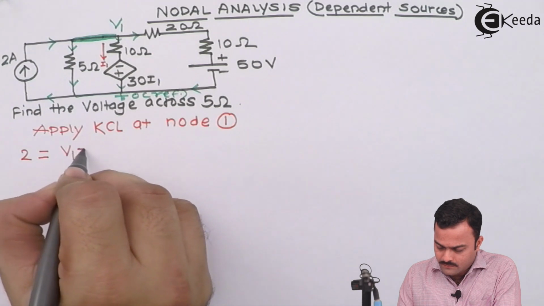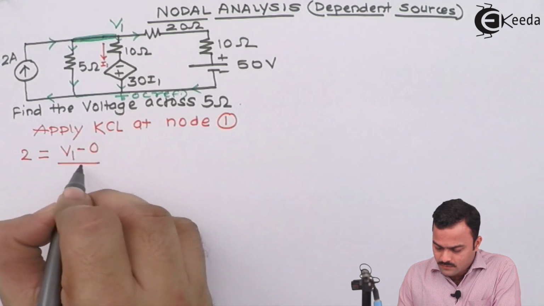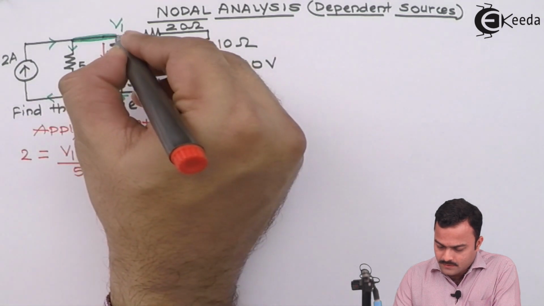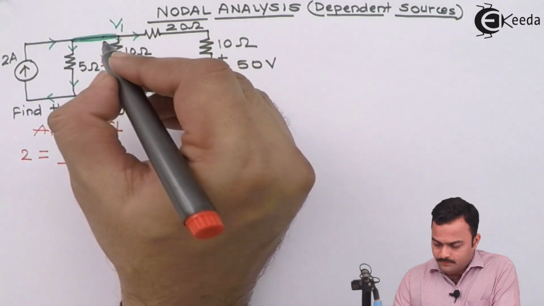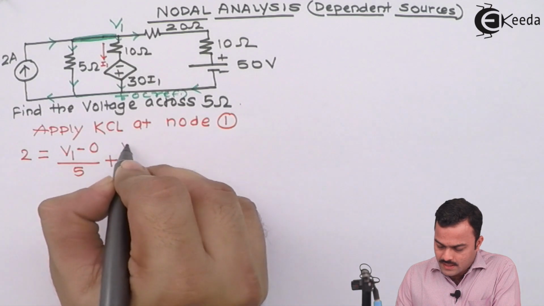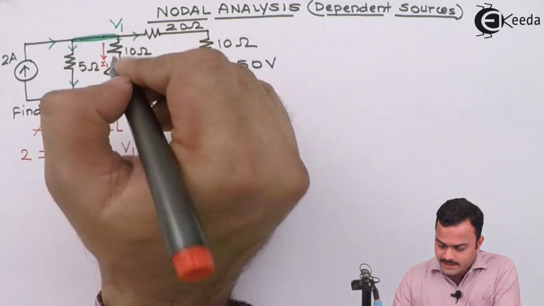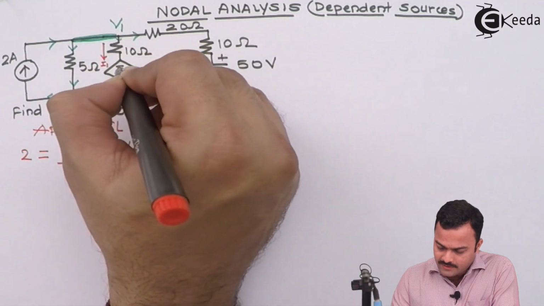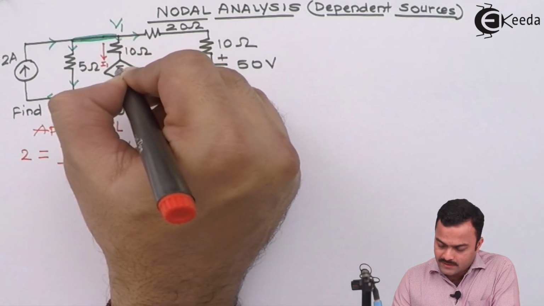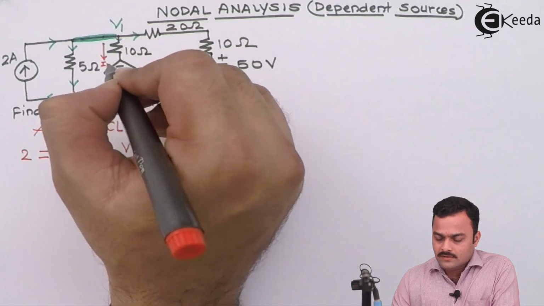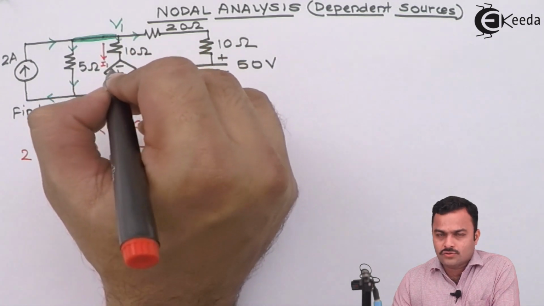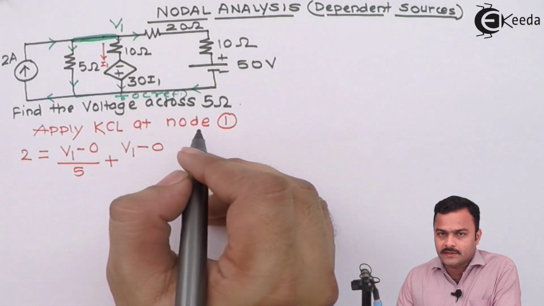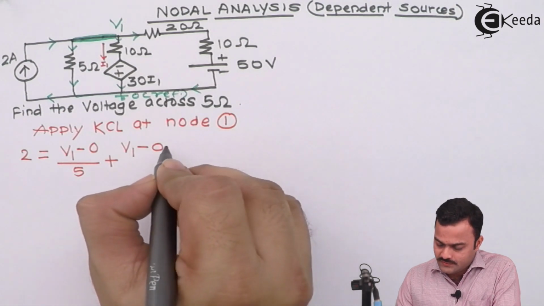So V1 minus 0 divided by 5, plus this branch current, which starts at V1 and ends on the reference. In the current direction we have a voltage which is changing its polarity, minus to plus. So in the current direction, if it is minus to plus, that means a voltage rise, and a voltage rise is always represented with a positive sign.